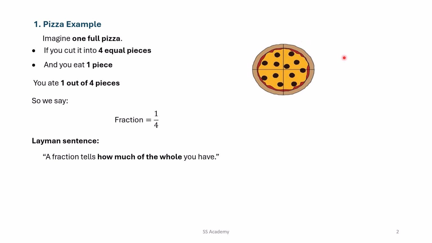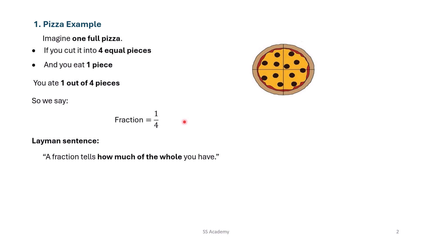In maths and chemistry, we express this as the fraction 1 by 4. That is, the whole, four parts, comes in the denominator and the part you consumed comes in the numerator. So this gives you a fraction: 1 by 4, which is 0.25.